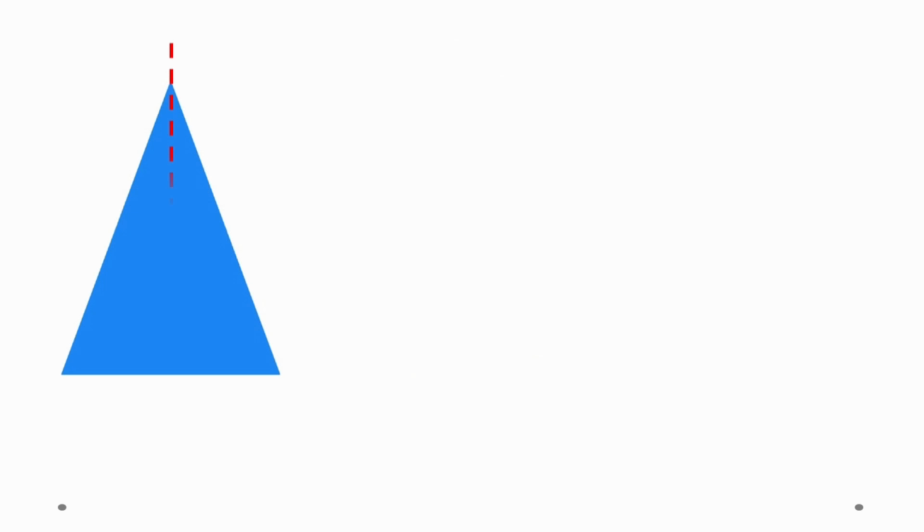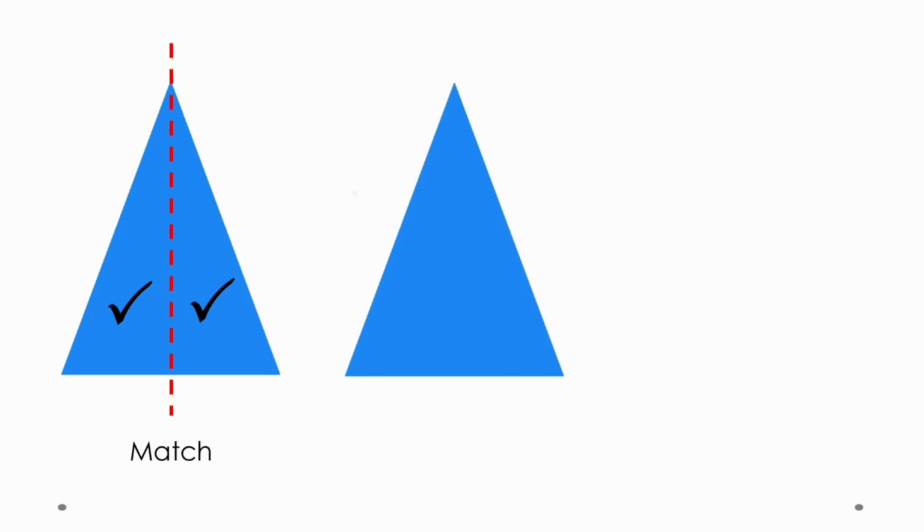For example, an isosceles triangle will have only one line of symmetry like this one. If we try to divide it through any other side, the resultant parts will not be the matching ones.